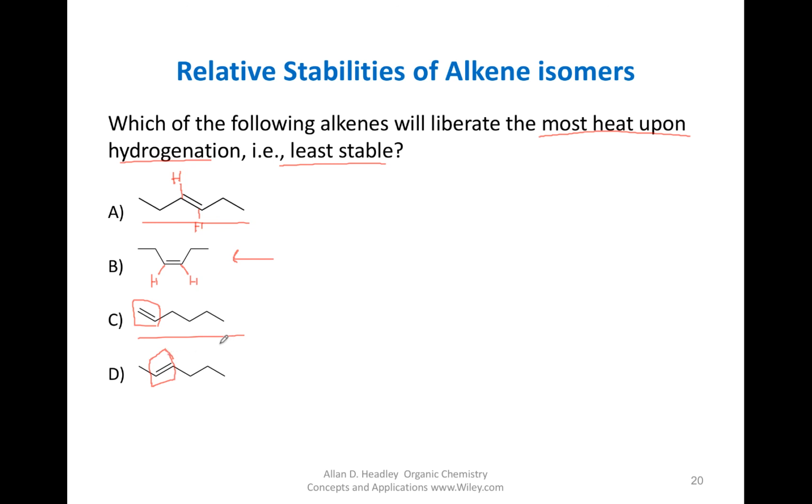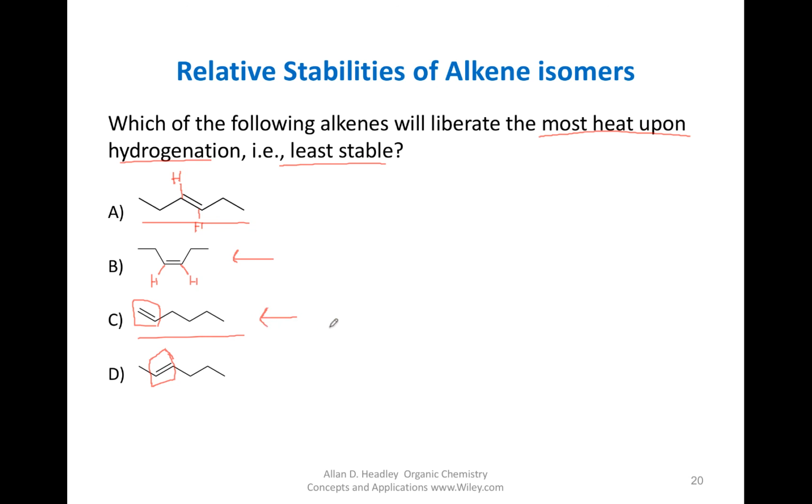So let's see. I would expect that since we know that there's a bigger difference between the heat liberated from the terminal double bond compared to the internal double bond versus the cis and trans, I would think that this may be the answer.